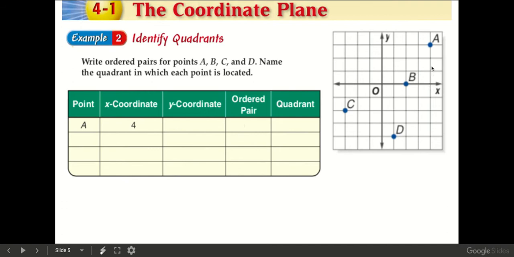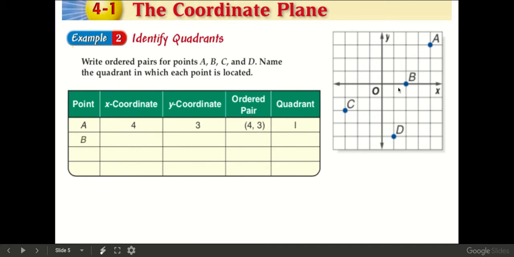And I know that it goes up 1, 2, 3 units on the y-axis, so that would be +3 for its y coordinate. So the ordered pair would be written as (4, 3), right? And that is located where both the x and y coordinates are positive, so that would be quadrant 1. Okay, let's move on to point B.